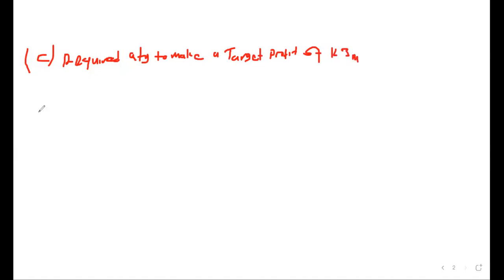Okay, that is the formula for calculating the required quantity to make the target profit.